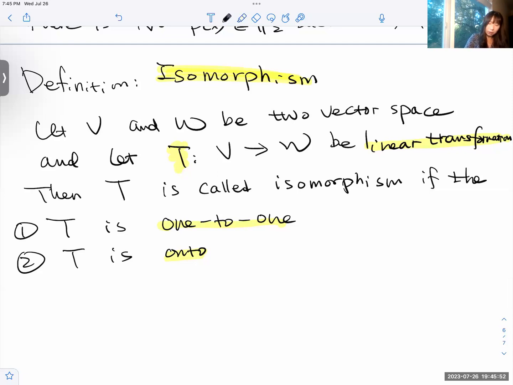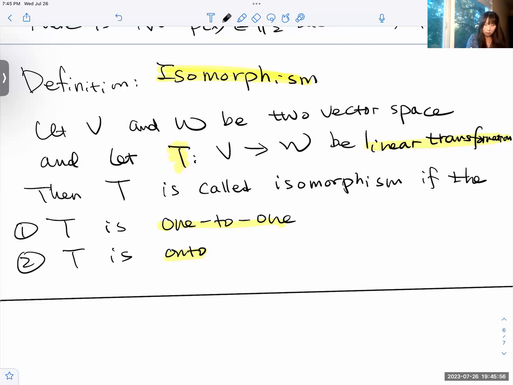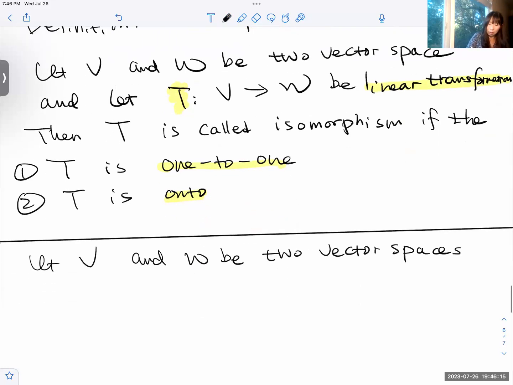They have another statement. Let V and W be two vector spaces, and let T from V to W be a linear transformation.